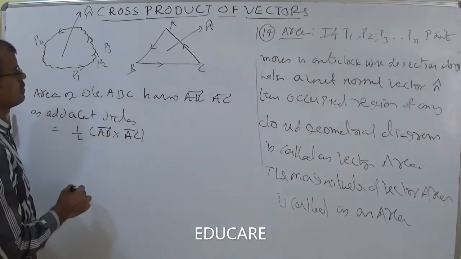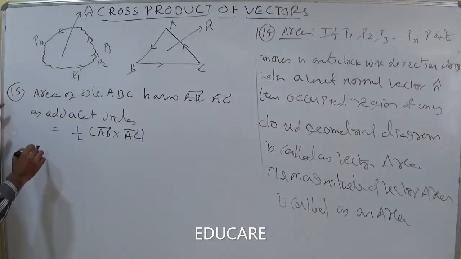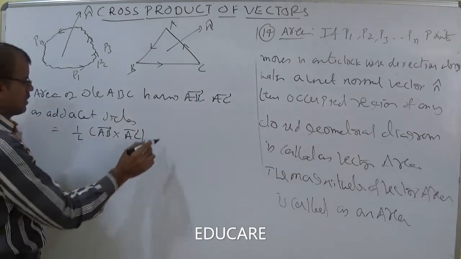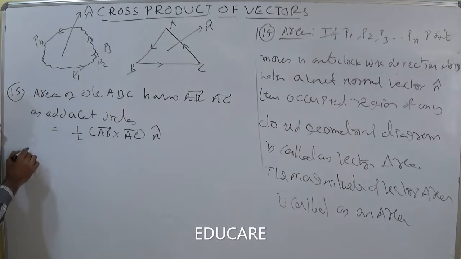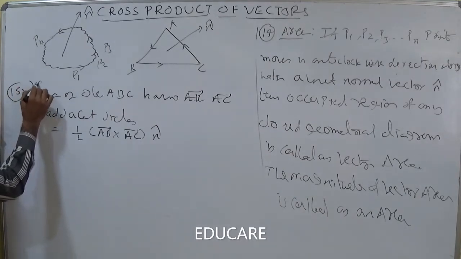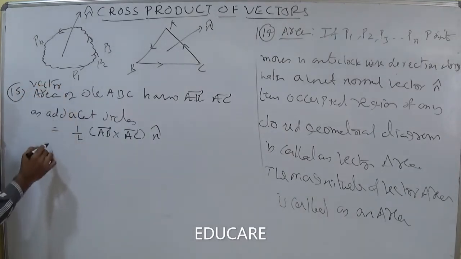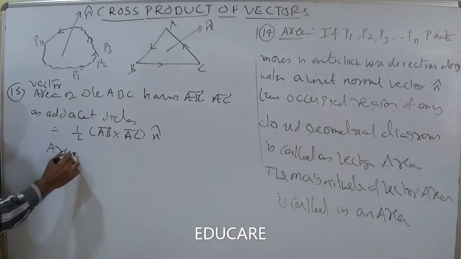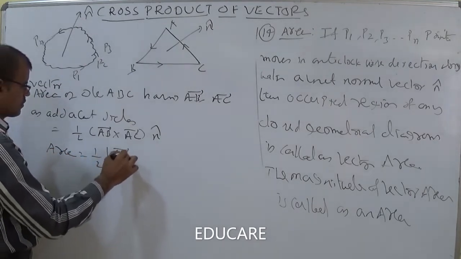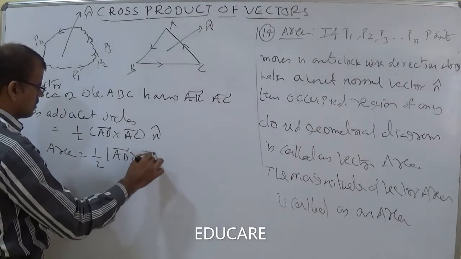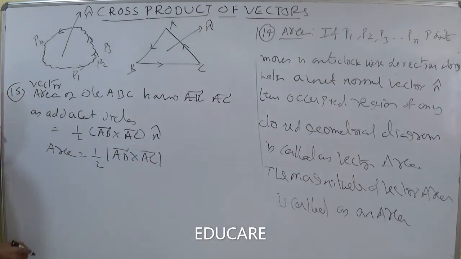This is the general vector area, AB cross AC into n cap. Whenever you need the area, you can write 1 by 2 into modulus of AB cross AC.